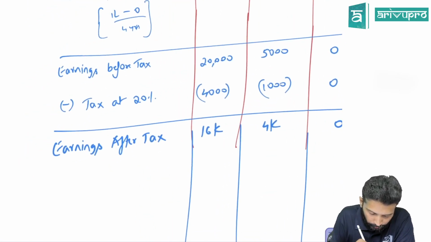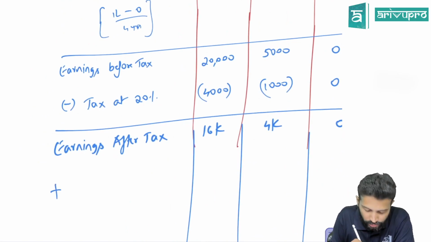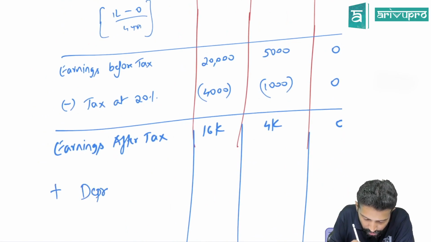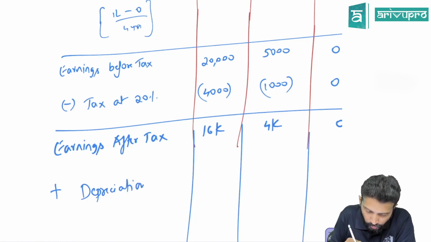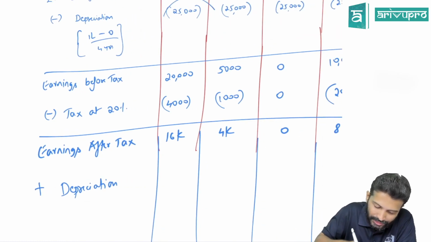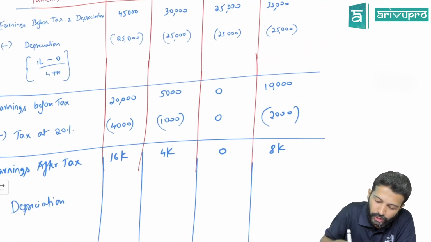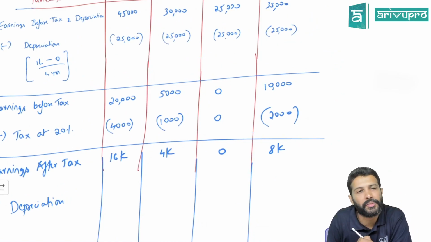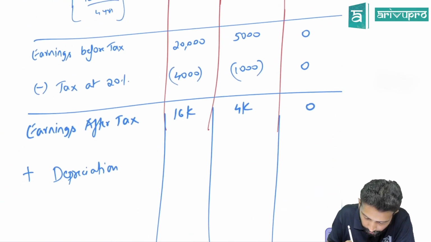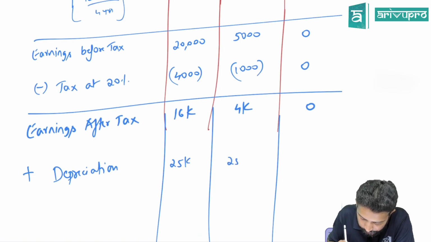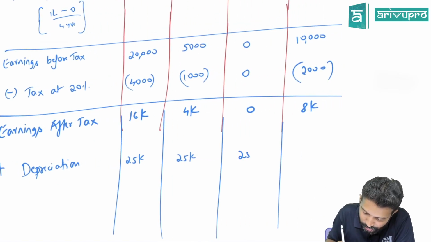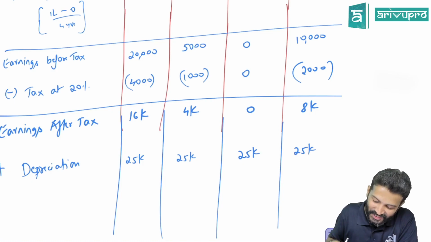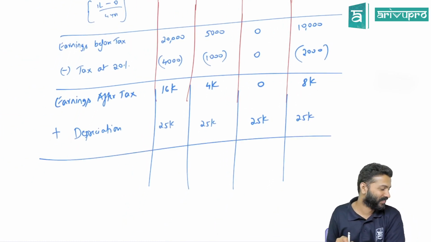Last step now to find out annual net cash flow is you will add back depreciation. How much is the depreciation you deducted, sir, for each year? 25. Go on adding that back. Okay.